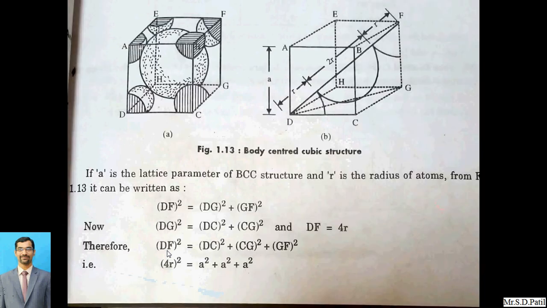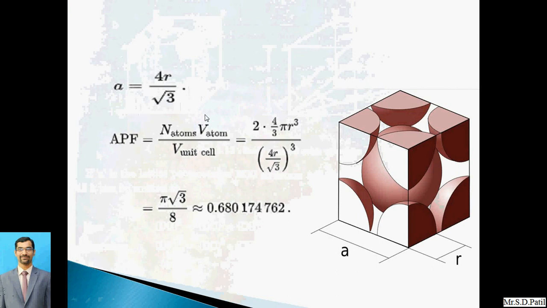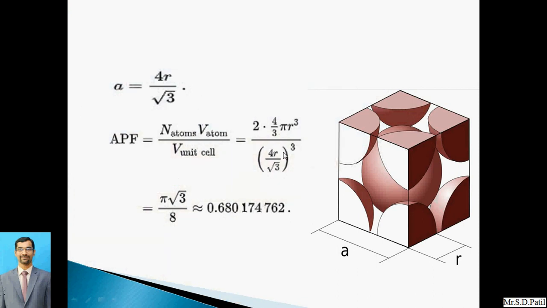Now after getting the a term, we put the volume of the unit cell, which is a cube, and the value of a is 4r divided by square root of 3.